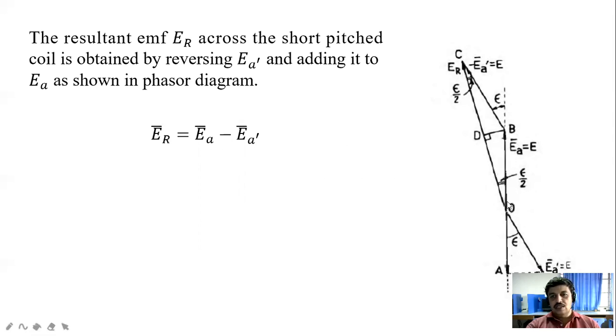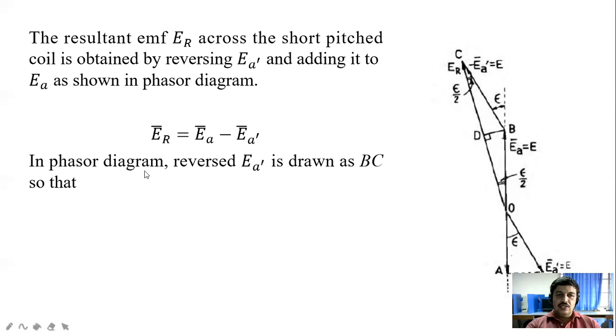That phasor is represented with phasor OC in this phasor diagram. We reverse the phasor EA dash, which is represented with phasor BC, and add this BC phasor to OB, and their phasor addition is equal to OC. That OC is nothing but the resultant EMF induced in coil AA dash.